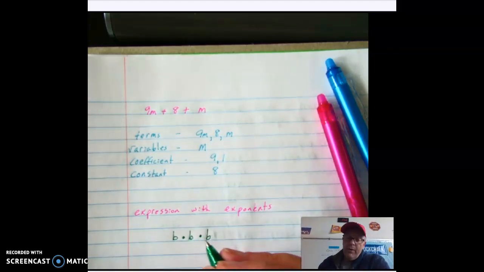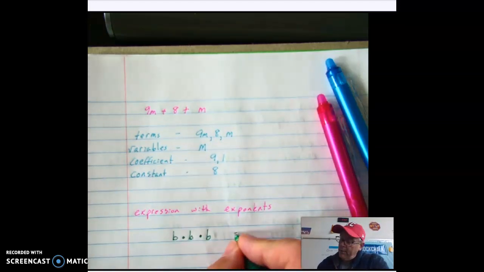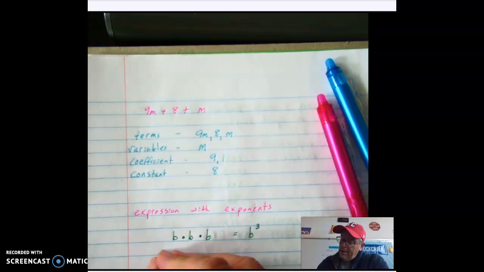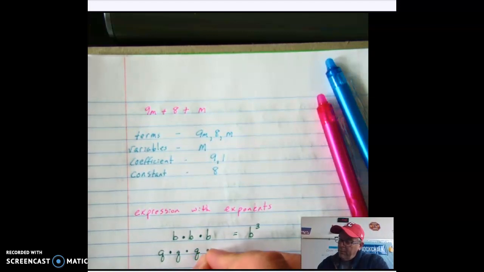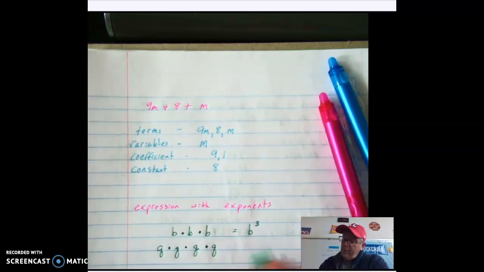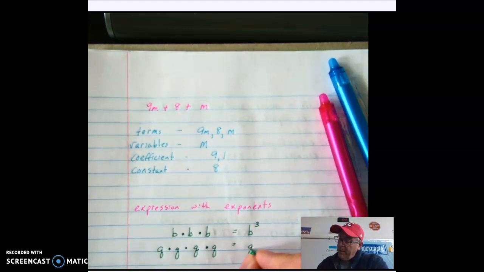So think about how we know exponents work. That's this number multiplied by itself 3 times. So that would end up being b to the 3rd power. Okay? If I did q times q times q times q, think about what we know about exponents. Q multiplied by itself 4 times would be q to the 4th.